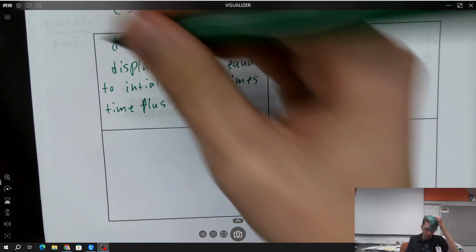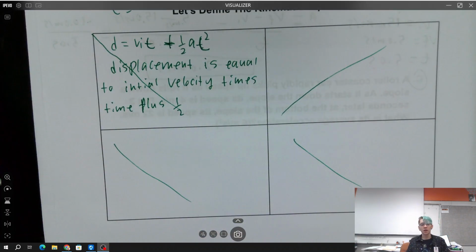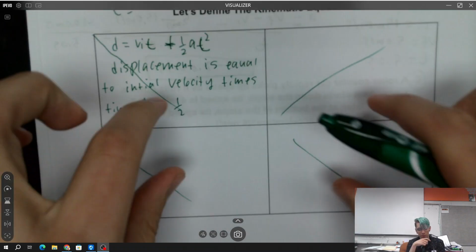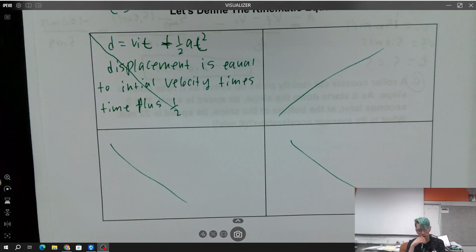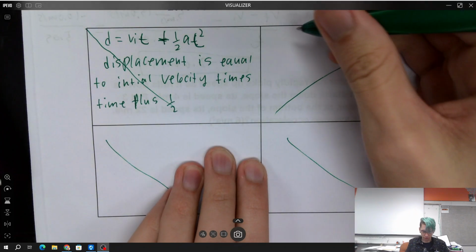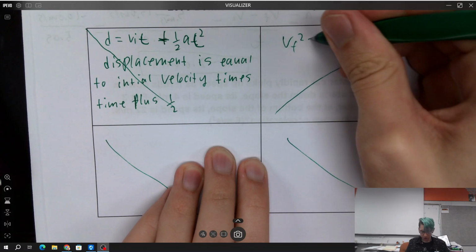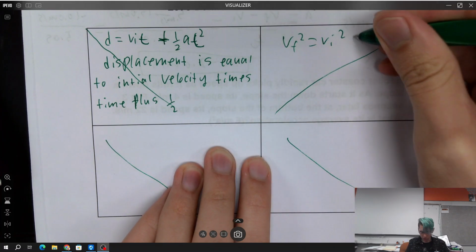Don't worry about these boxes right here because I think that this is no longer something that is necessary. I used the same format back in COVID to help us out. But I think that we have it from here, just from these equations. So go ahead and rewrite our equations. That way we have practice writing them once.